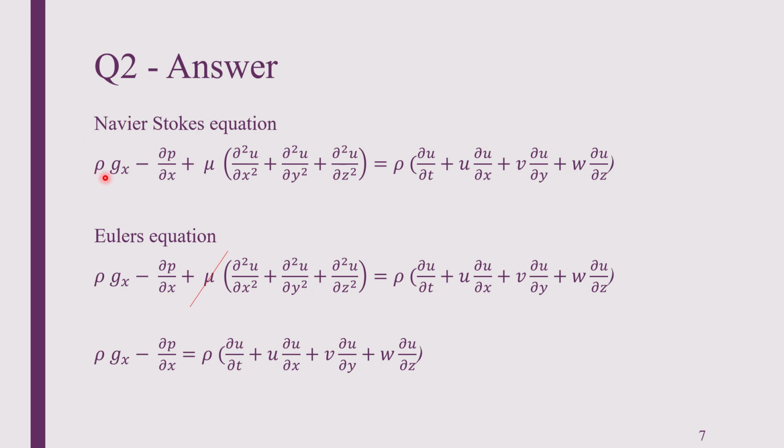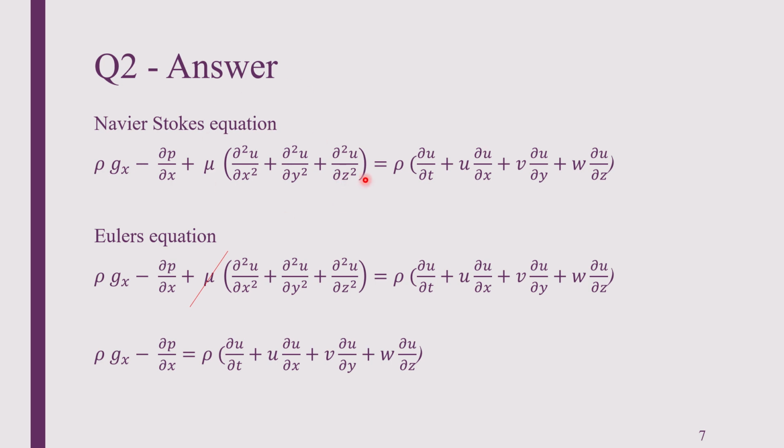rho gx. This is the momentum balance equation, so we take into account all the forces acting on the particle, like pressure force, gravitational force and viscous force. So it is rho gx minus dou p by dou x plus mu times (dou square u by dou x square plus dou square u by dou y square plus dou square u by dou z square). We would have seen the simplification of the Navier-Stokes equation under a condition where viscosity is not taken into account; that is Euler's equation.